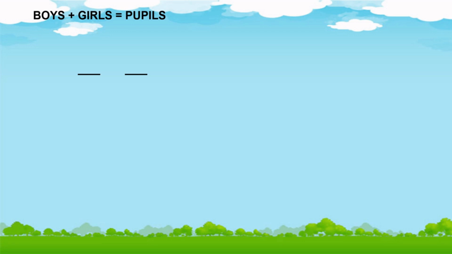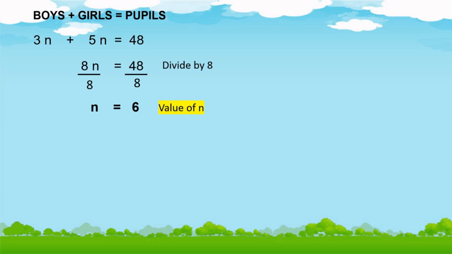So we have 3n plus 5n is equal to 48. Then 3n plus 5n is equal to 8n equals 48. Then we will divide it by 8. 8n divided by 8 is equal to n. 48 divided by 8 is equal to 6. So the value of n is 6.